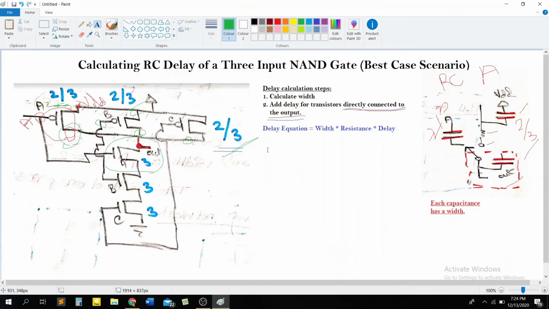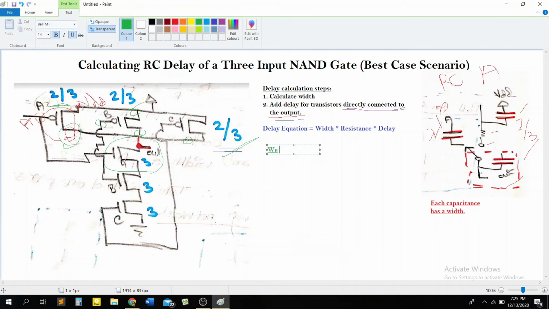So what we did was, we figured out which PMOS and NMOS were directly connected to the output.